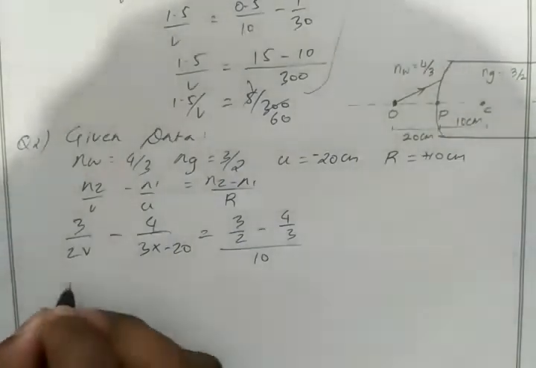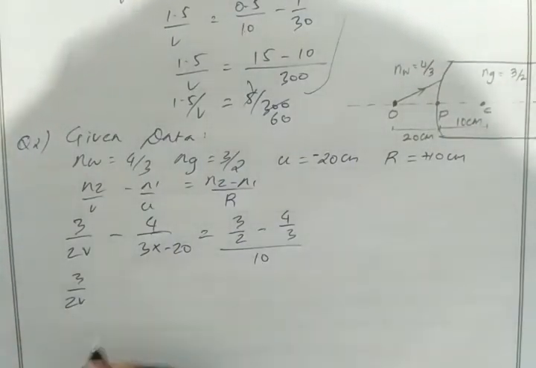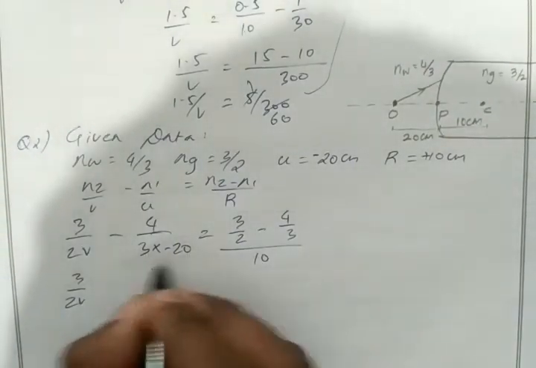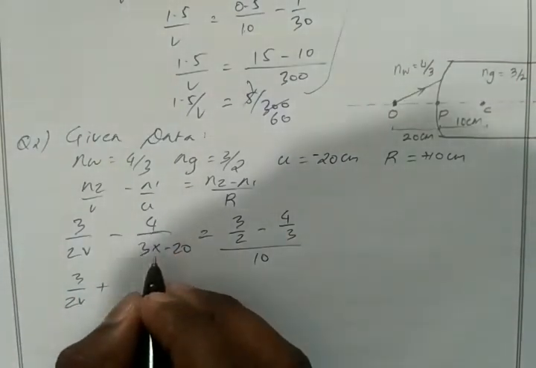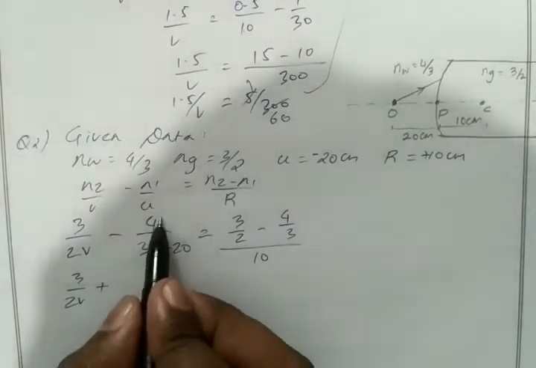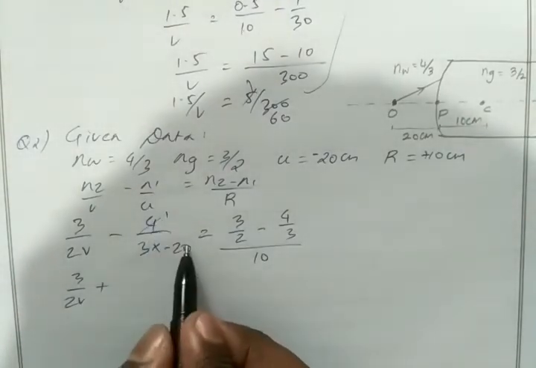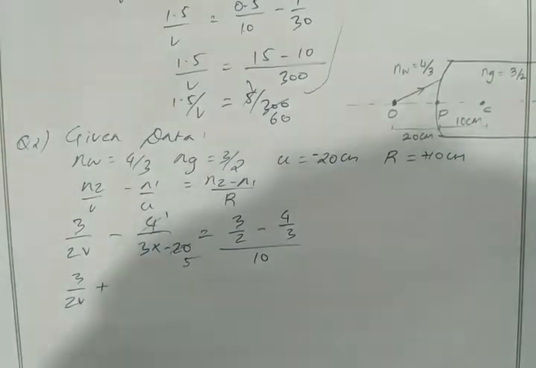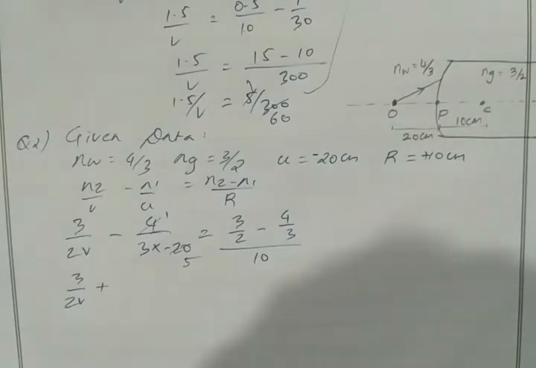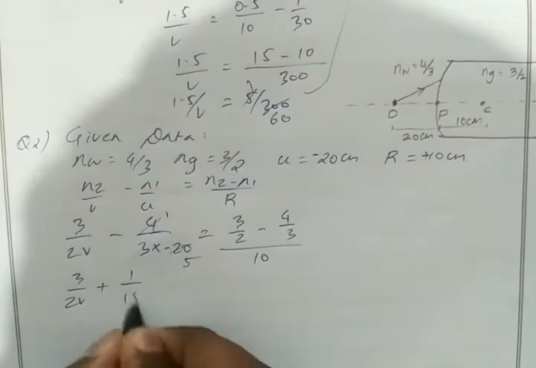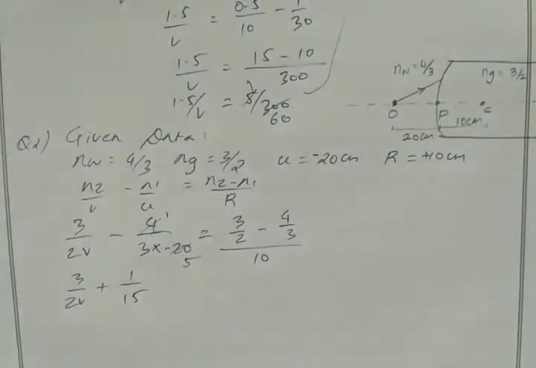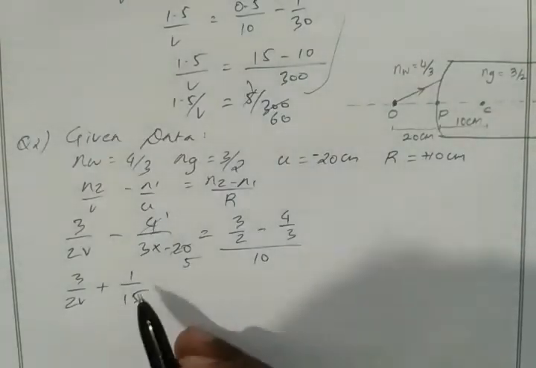So we have 3 by 2v. Here we have minus 60, minus to minus will become plus, so we have 4 by 60. 4 by 60, we can cancel this by 4. Here we have 5 into 4 into 20. So we can write it as 1 by 15. Correct, 1 by 15.